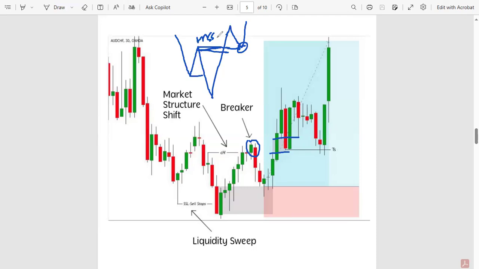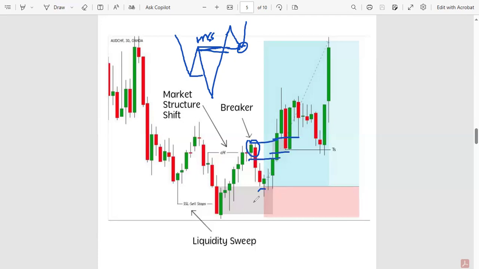We just wait for price to go above it, break it, and when price is reversing, or we can say retracing, then mark that failed order block as your breaker block, and wait for price to tap into it. And if there is a fair value gap overlapping with it, then that's going to make it a high probability trade. So you can see this is the breaker block.